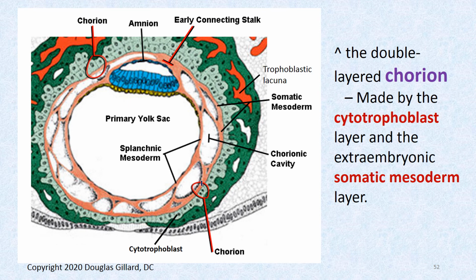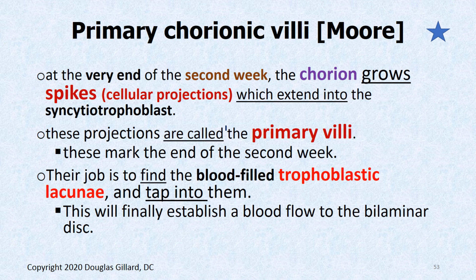But together these two were called the chorion. So what is this chorion going to do? It's going to start forming a point, and it's going to stab into these lacunae and try to tap into that blood supply. And that is exactly where we're going. That first little spike is called a primary chorionic villus.